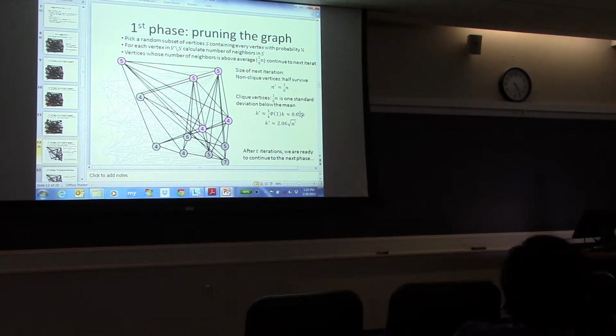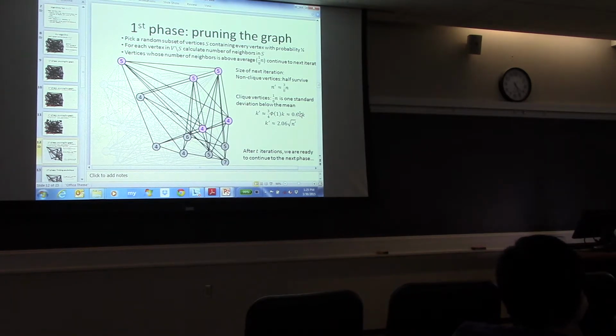So we do thresholding in the non-red part according to the number of neighbors in the red part, and we keep the better half. Remember, the red part was 1/4, so the rest was 3/4, and from those we keep the best half. So we're left with 3/8 of the original graph. So that's why n prime here is 3/8 n.